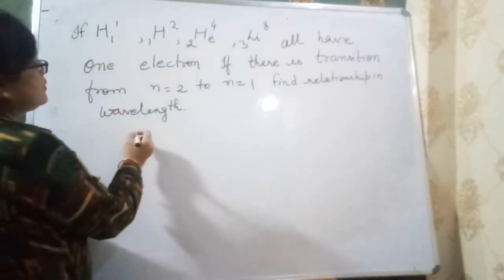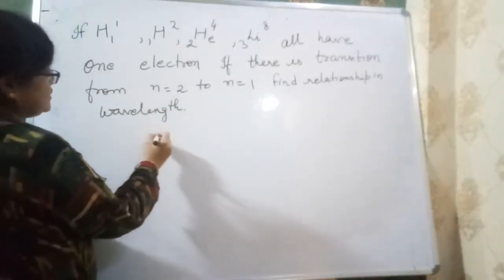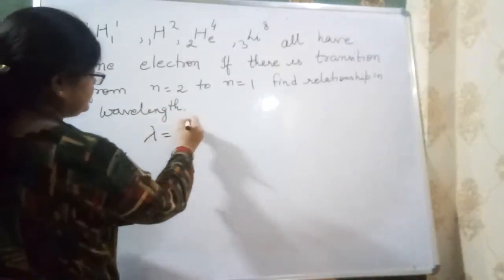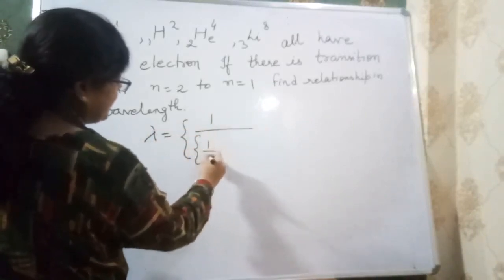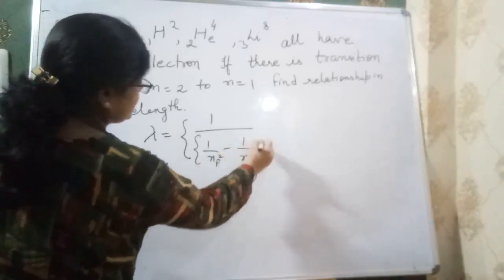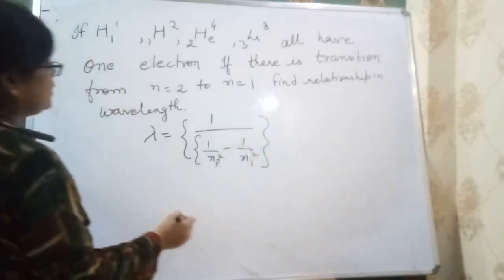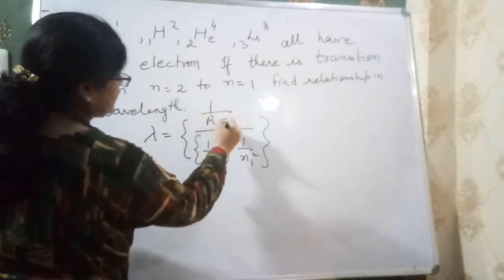Now, keeping aside the constant, we have the relation 1 by (1/n final square minus 1/n initial square). Clear? And we have the formula 1/λ = R z square (1/n1² − 1/n2²).